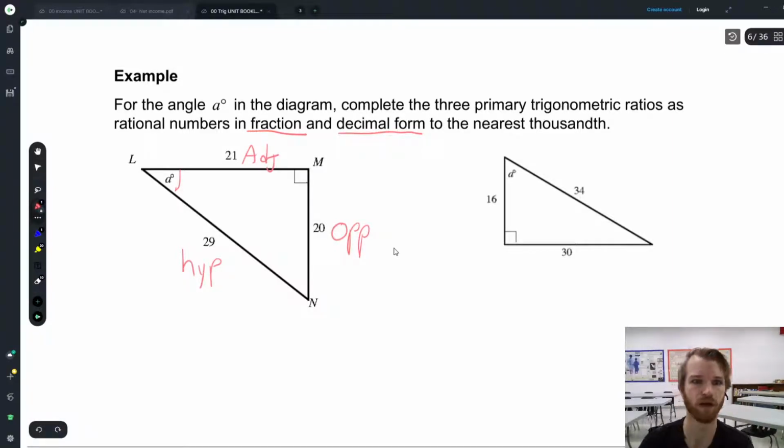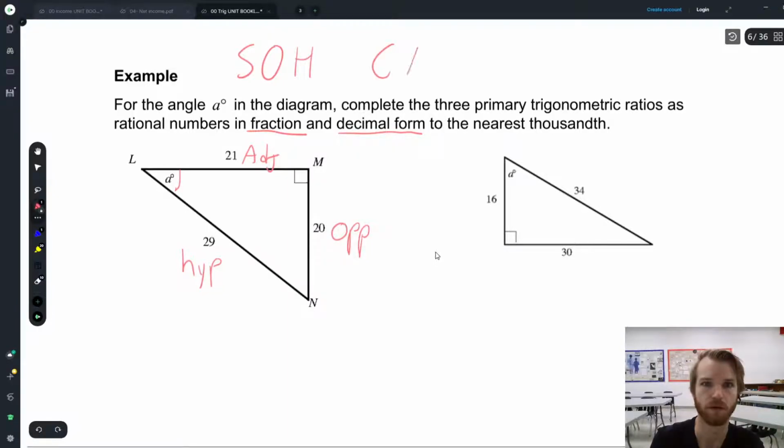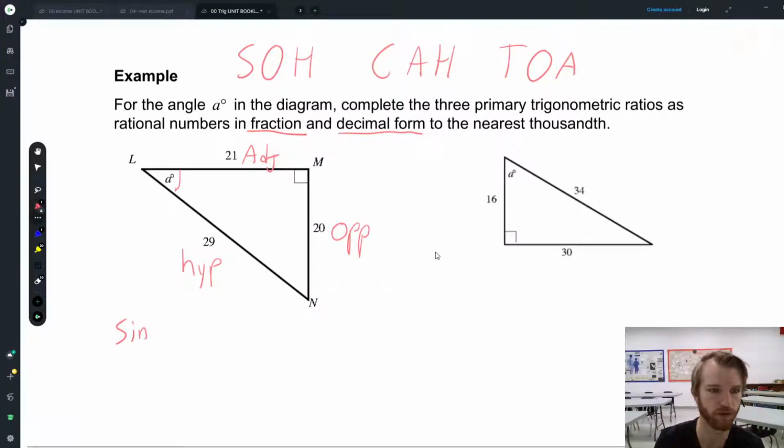All right, so now it's time to set up our trig ratios. I'm going to write out my SOHCAHTOA here. My first one is sine of angle A, and often we just write it in brackets to say that this is sine of angle A. It's talking about that angle A. These brackets don't really do anything other than show that it's attached to this sine.